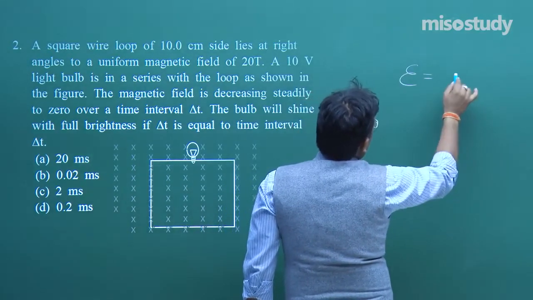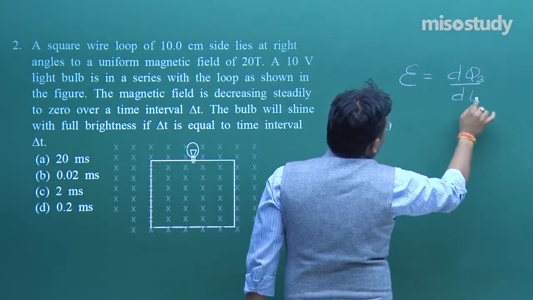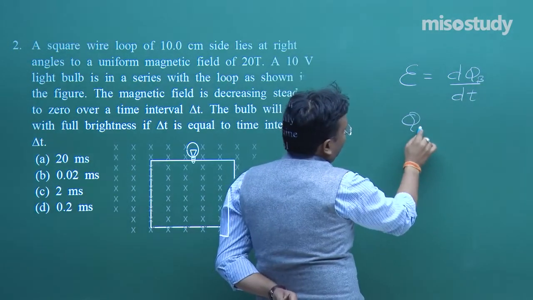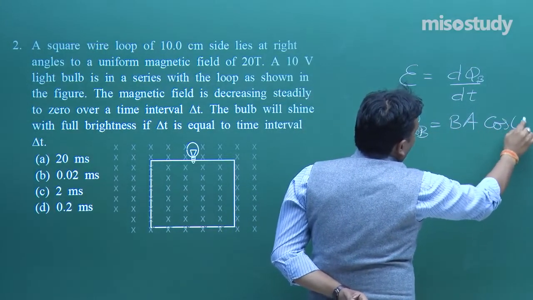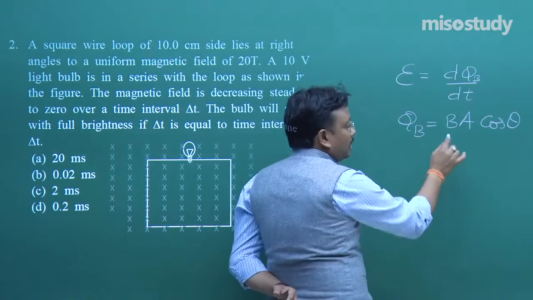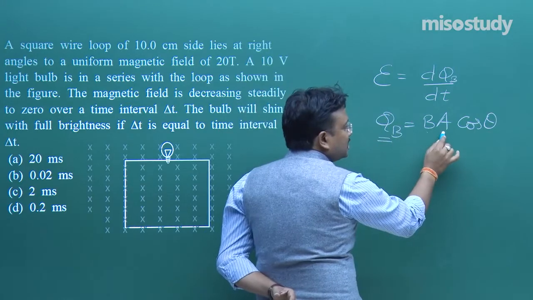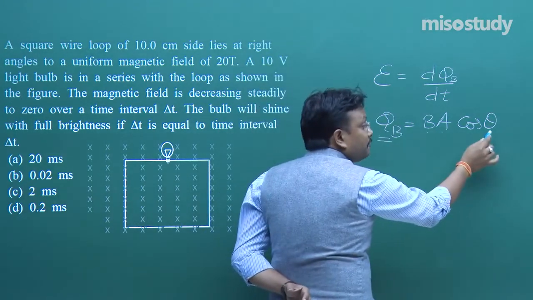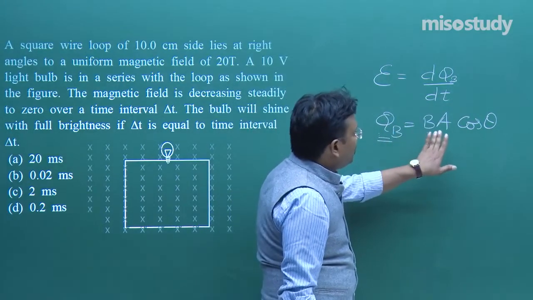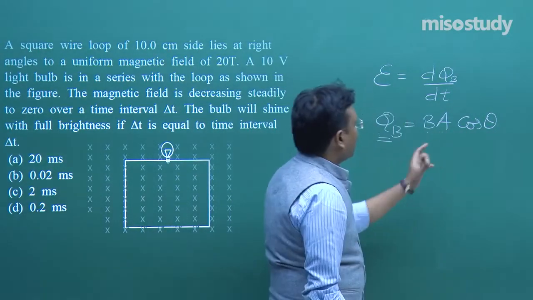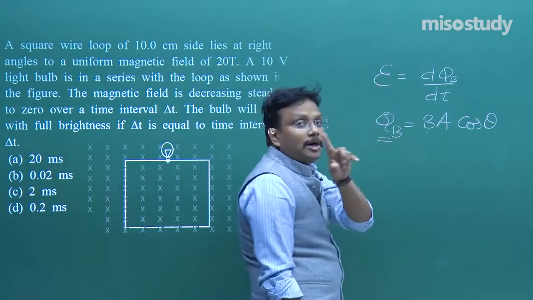Induced EMF is equal to d phi b by dt, where phi b is equal to BA cos theta. Now, if it is changing, phi b will change. It means out of B, A and this theta, if any one is changing, then phi will change and induced EMF will come into the picture.